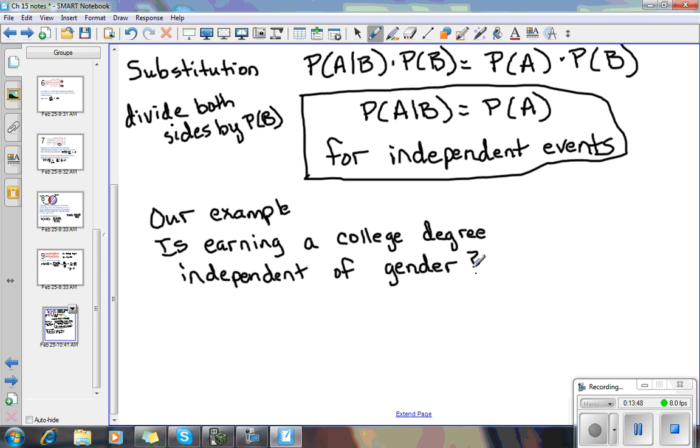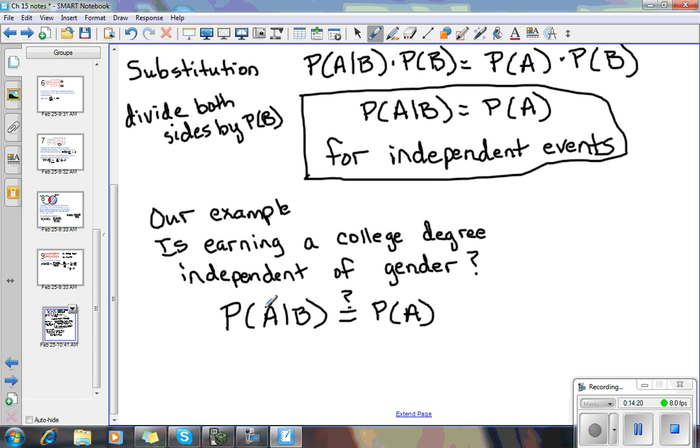Now, we saw this once before in Chapter 3. We looked at segmented bar charts. We did some different things like that. And I told you at the time that we would have another way that we can check it a little more mathematically, and now is that time. So if they're independent, we can check this. Is this true? The probability of A given B, does it equal the probability of A? If that's true, then we know that those two events are independent.